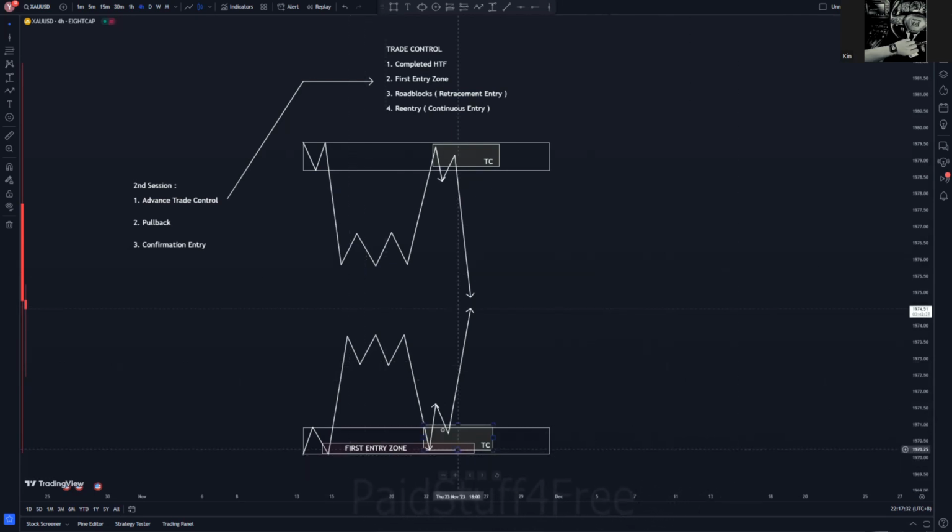If inside the first entry zone there is no confirmation entry, maybe at that time there is news, or the price flies all the way up but then went down so badly. We're going to discuss this in our last session, which is going to be about the volume.